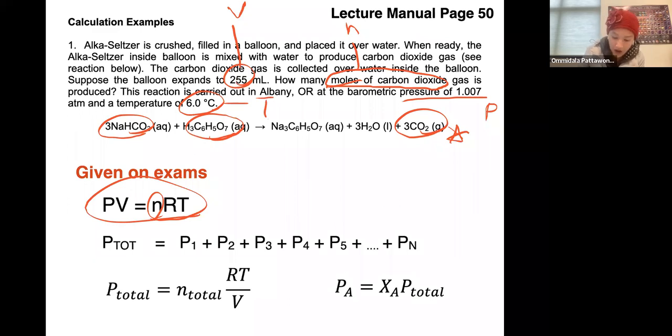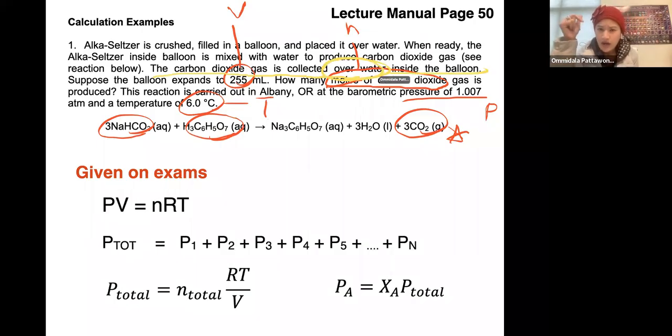The reason for that is because we are collecting this gas over water. Okay, so the keyword, I want you to jot this down: you are collecting carbon dioxide over water, and this is inside the balloon. So the keyword is you are collecting gas over water.